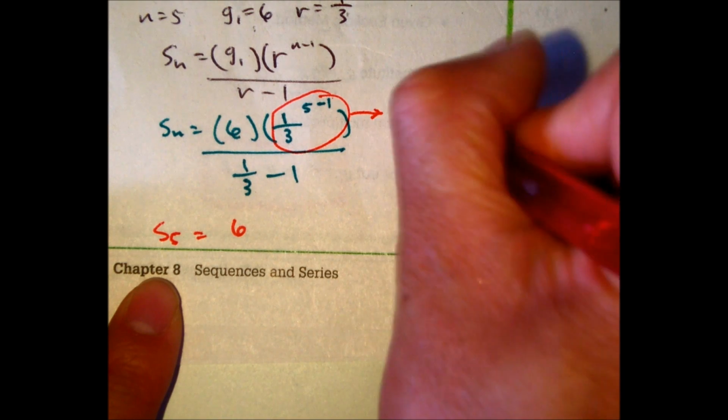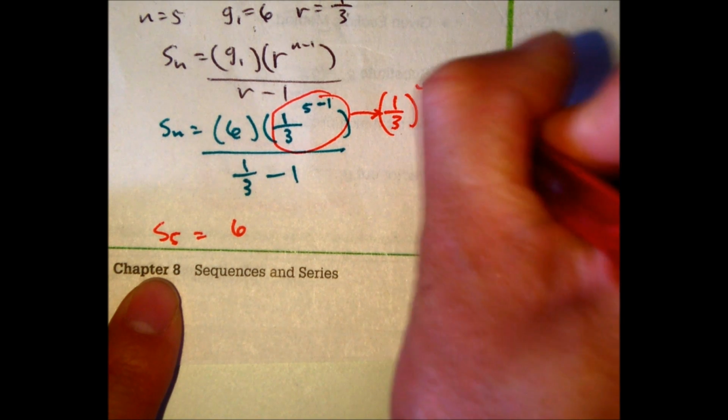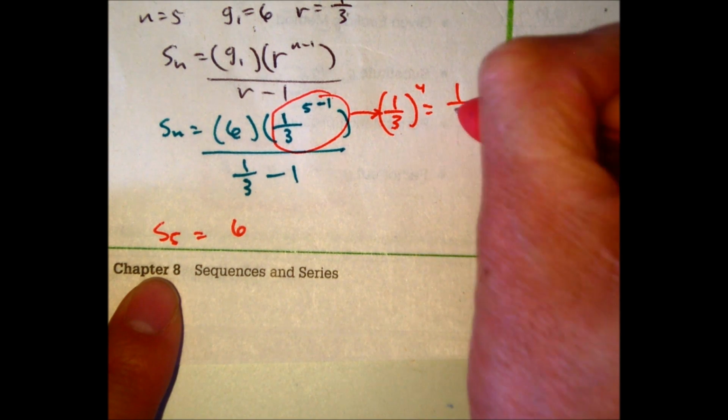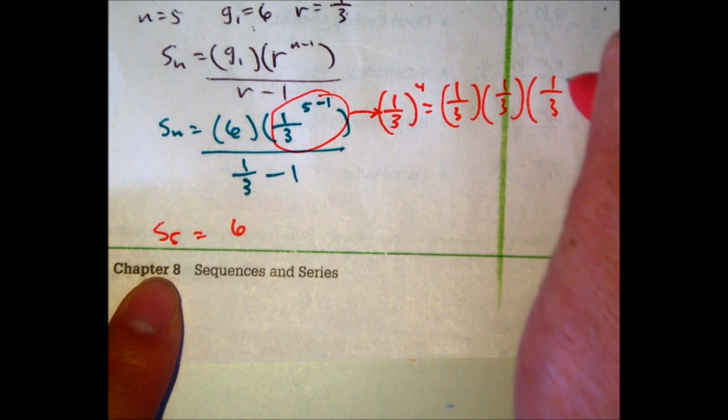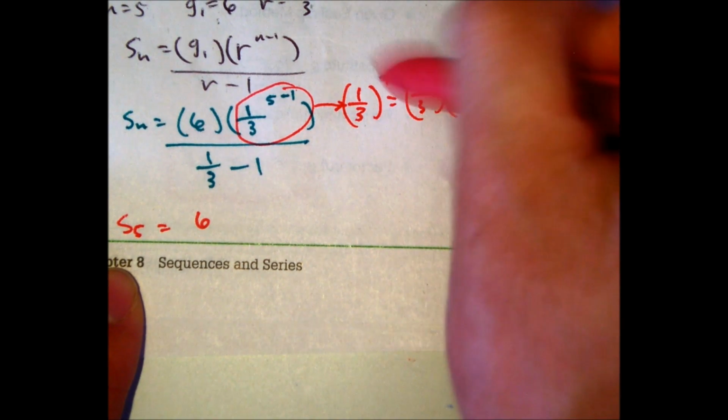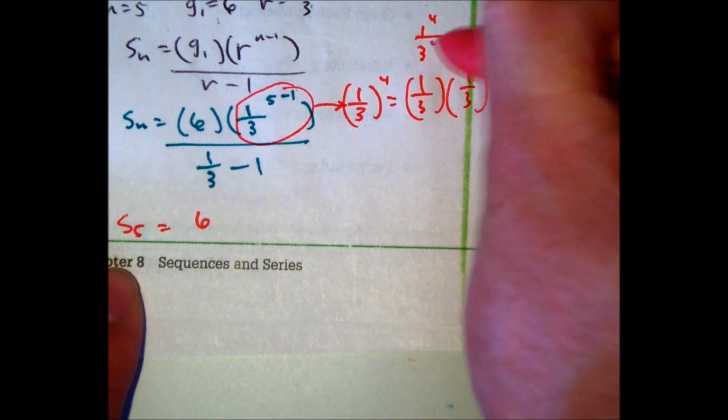S5 equals 6 times 1/3 to the 4th power. Here you can write out 1/3 four times, or you can use a property of exponents that basically just says 1 to the 4th over 3 to the 4th.